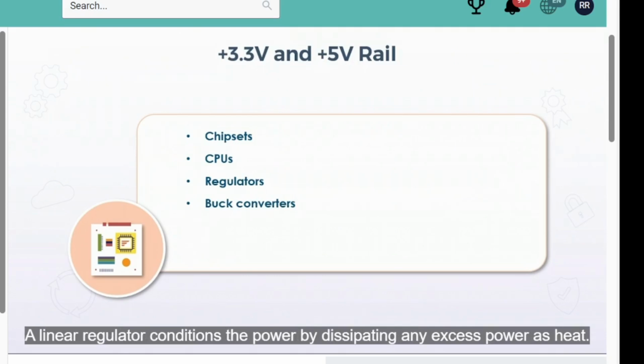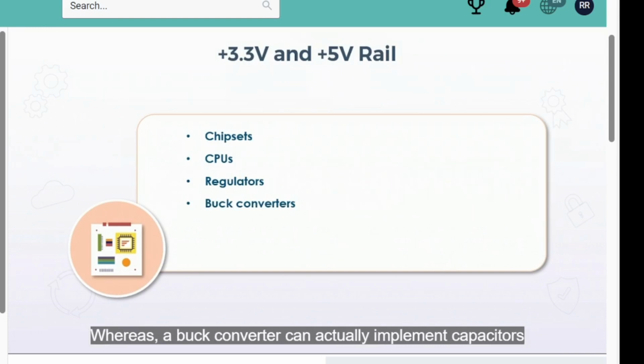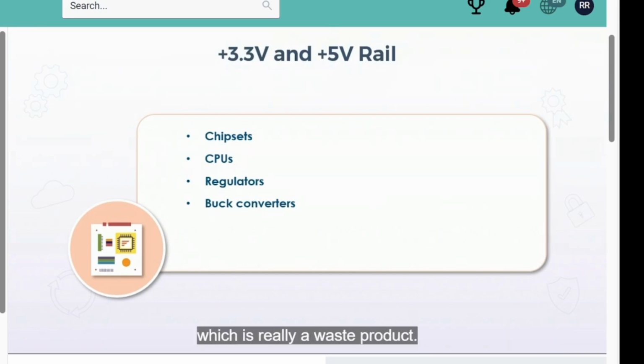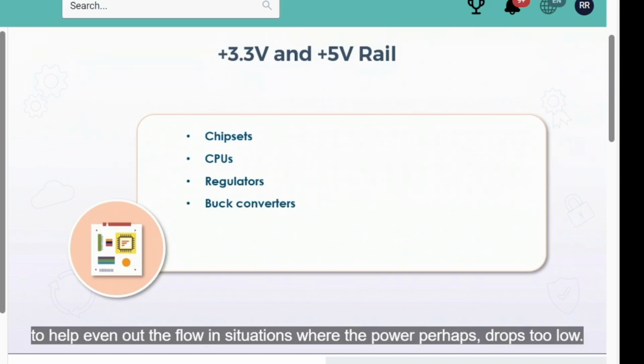A linear regulator conditions the power by dissipating any excess power as heat, whereas a buck converter can actually implement capacitors to store that additional power so that it can be used later on. So where a linear regulator simply dissipates heat, which is really a waste product, the buck converter can use that stored power to help even out the flow in situations where the power perhaps drops too low.